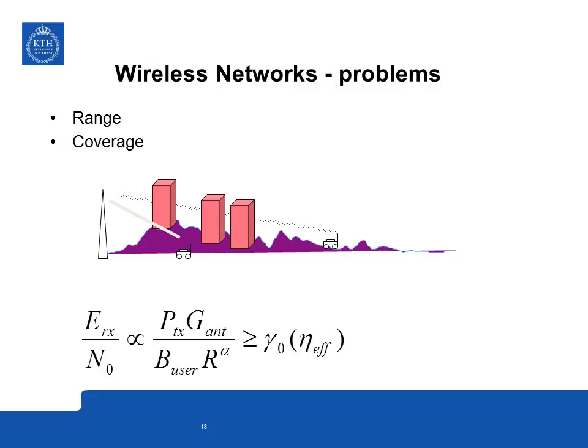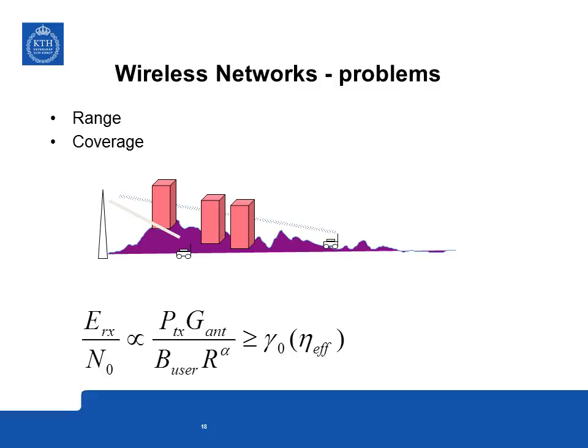There are several factors that influence the signal to noise ratio. It has to do with the transmit power of the various devices, PTX. It has to do with what types of antennas are used, what type of data rate is used, the bandwidth B, the user, and the distance R, how far away the mobile terminal is.